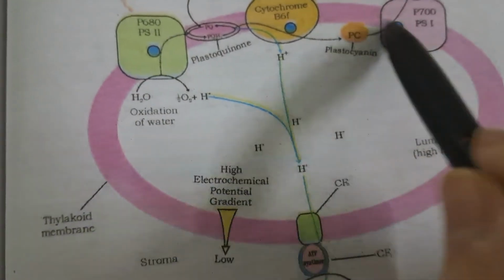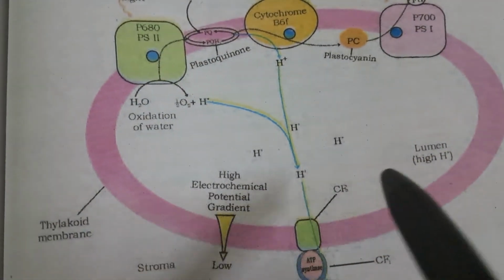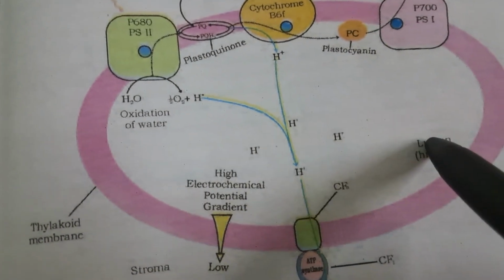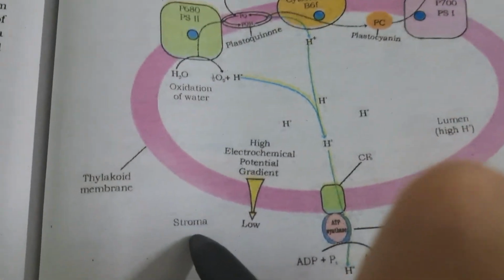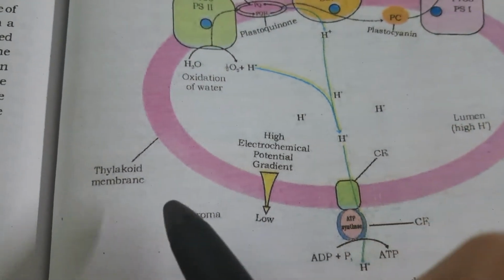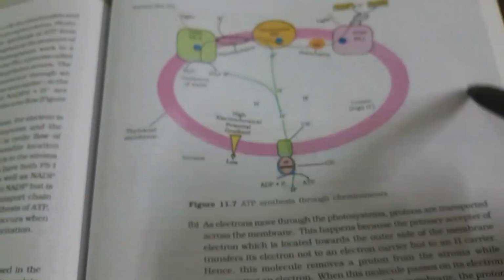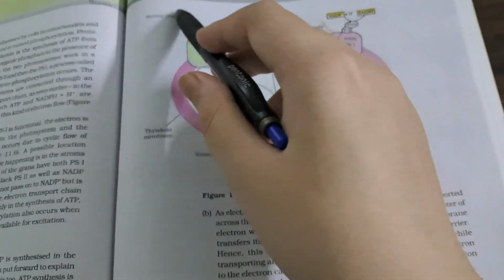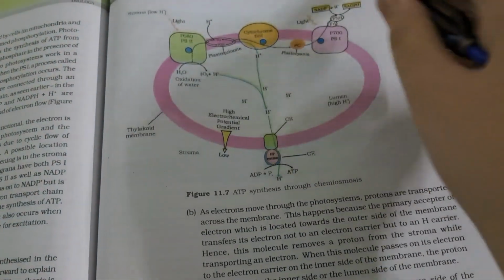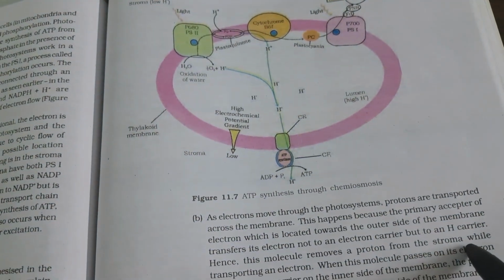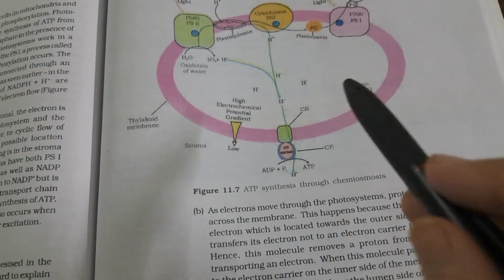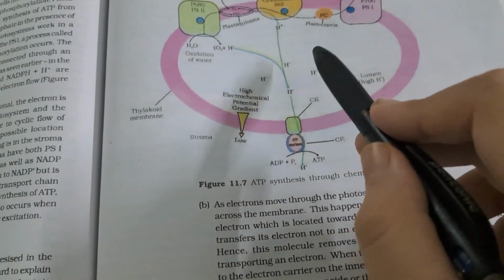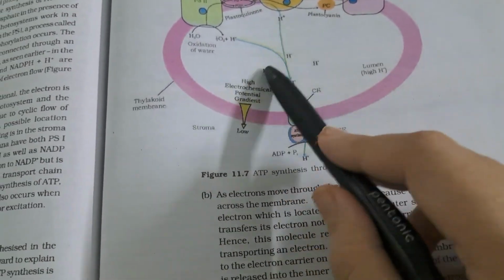This one is the thylakoid membrane. The inner space of the thylakoid is the lumen, and the outer space is the stroma. Stroma is the inner space of the chloroplast. Suppose the boundary of the book is the chloroplast membrane, then inside the chloroplast there will be thylakoid, and inside the thylakoid there is the lumen.